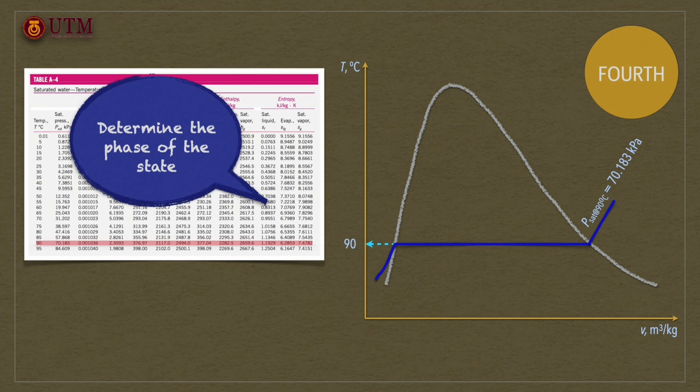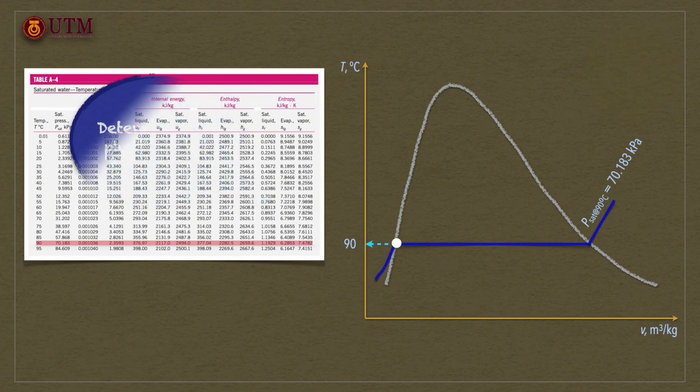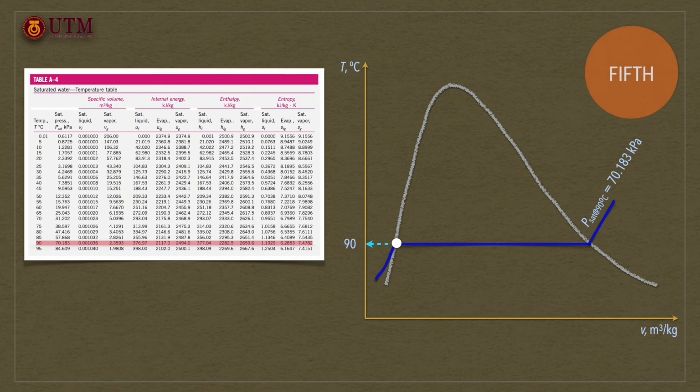It means we must first establish two independent intensive properties before determining the phase of the state. However, example 3.1 has provided the state's phase, that is saturated liquid. Therefore, we can straightaway indicate the state on the TV diagram, as demonstrated.